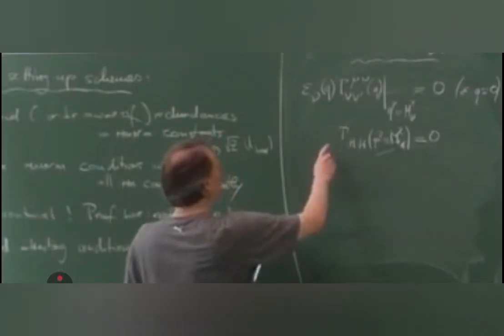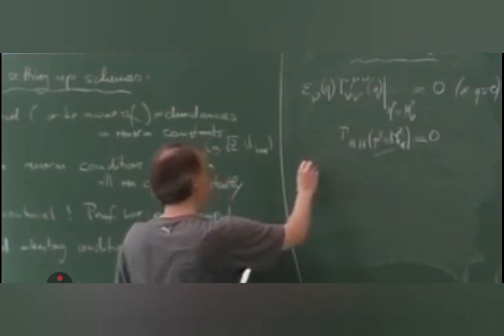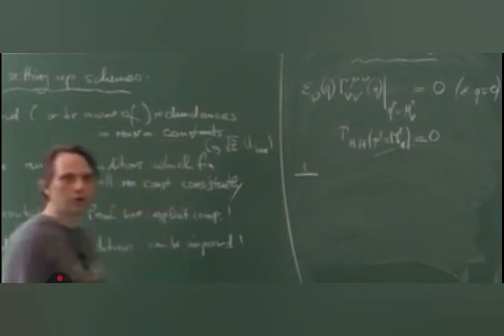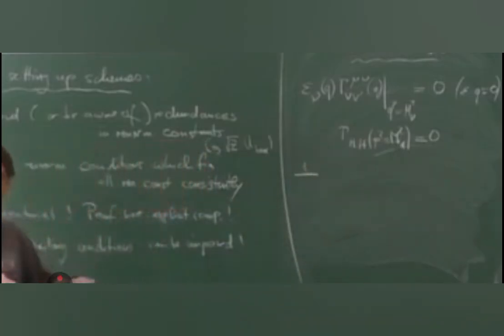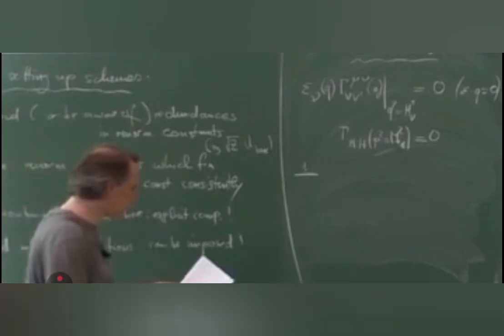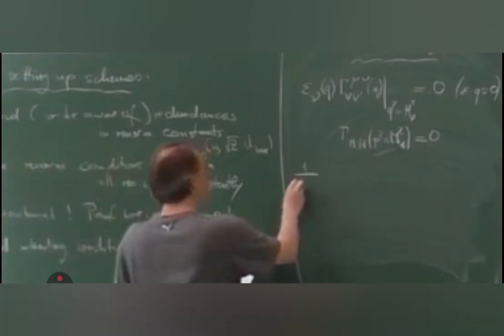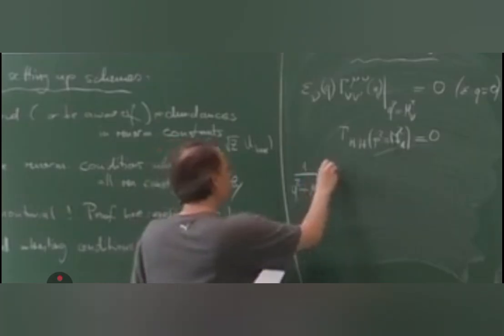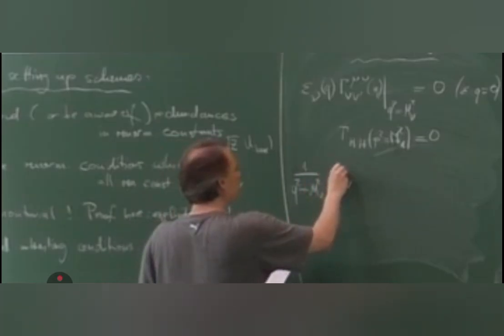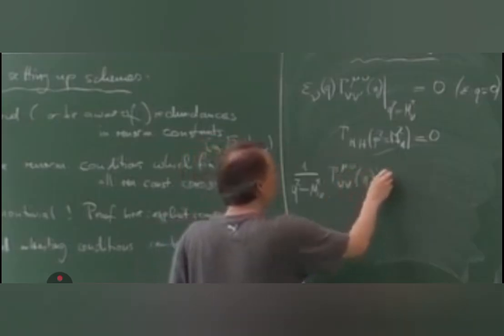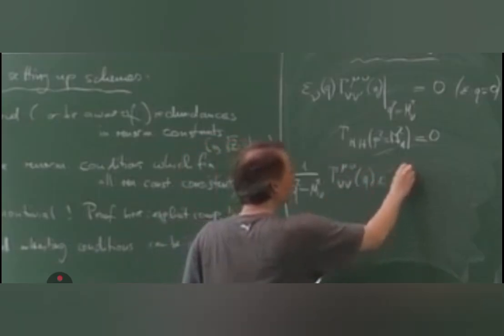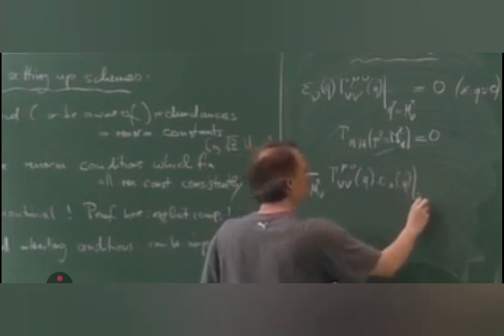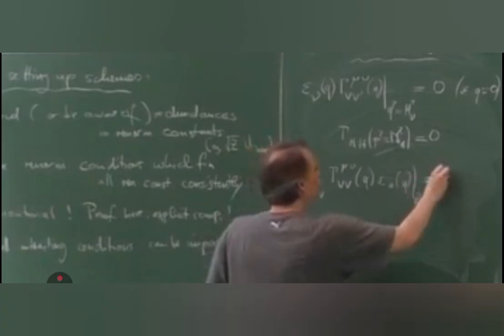Then we have conditions on the derivatives, and so I formulate them as basically conditions on this external line in Feynman diagrams for S matrix elements, and so this is 1 over q square minus mv square times a diagonal self-energy Vv mu nu at q times again a polarization vector epsilon nu of q at q square equal mv square. That should also vanish.